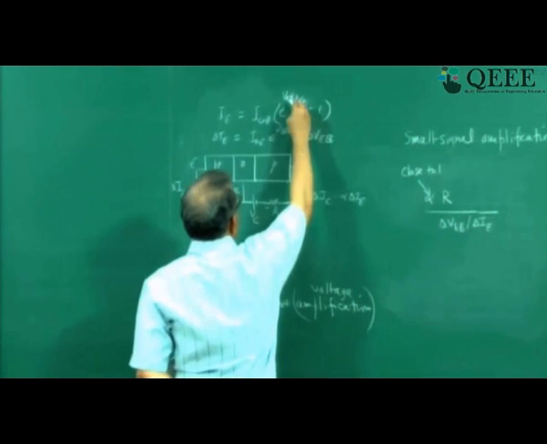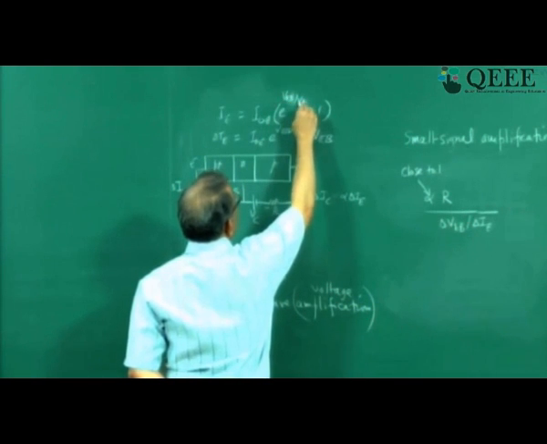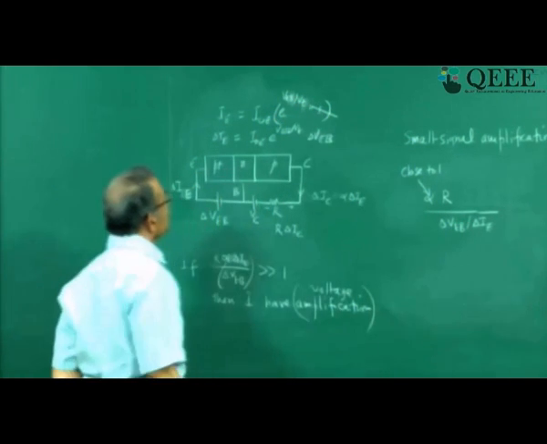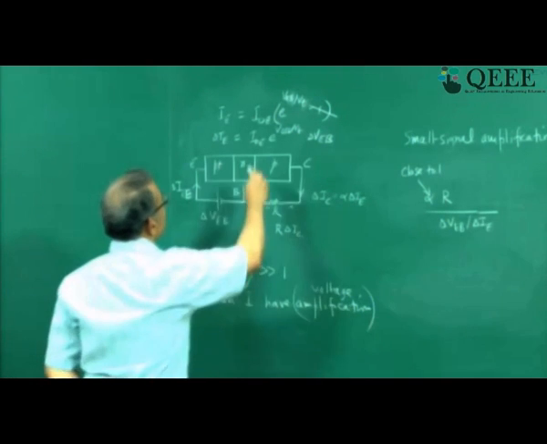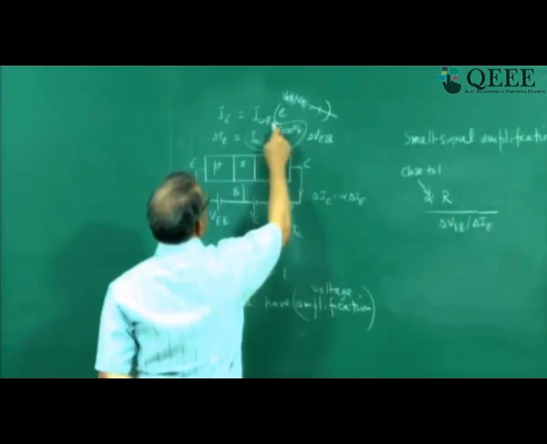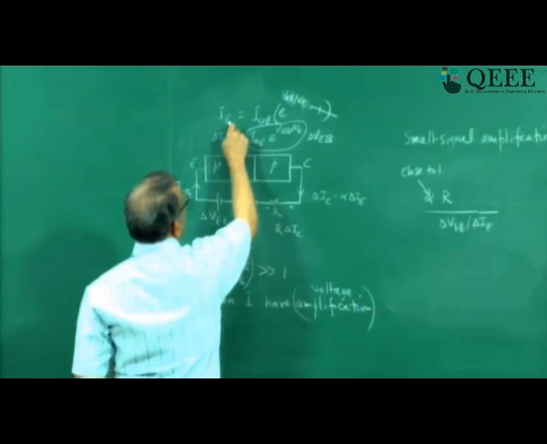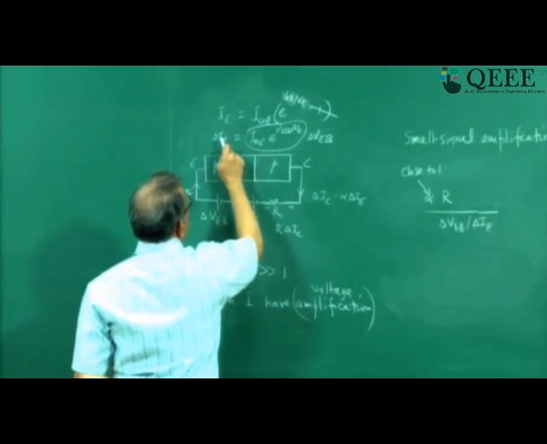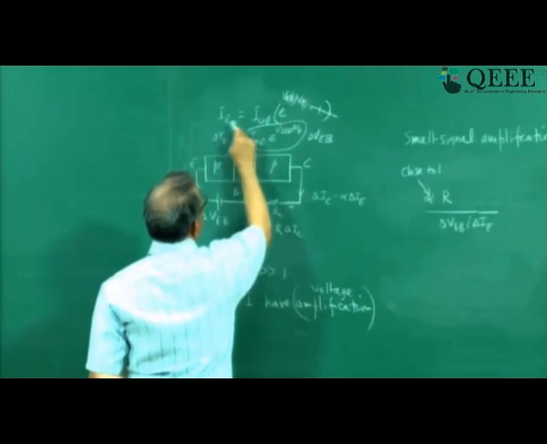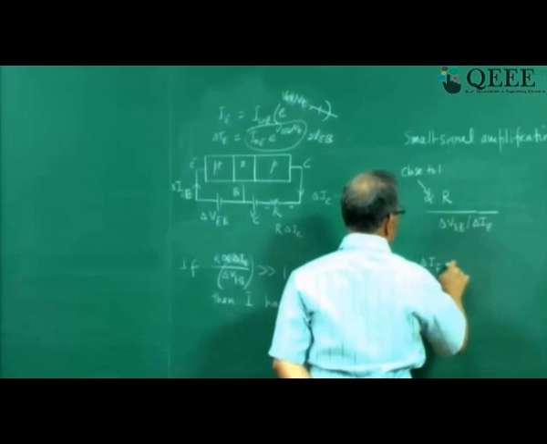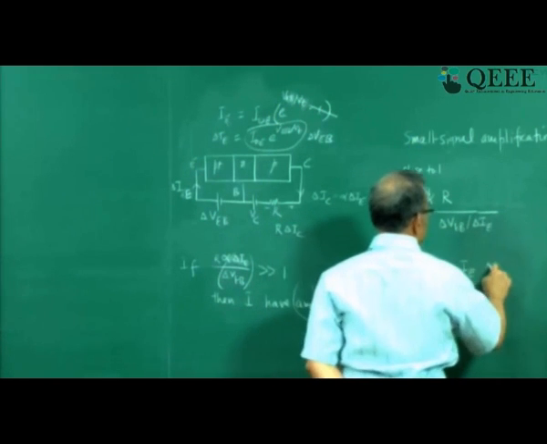Now if my VEB is much more than VT, this quantity is much more than 1, so I can simply neglect this one. That means this quantity is nothing but IE.